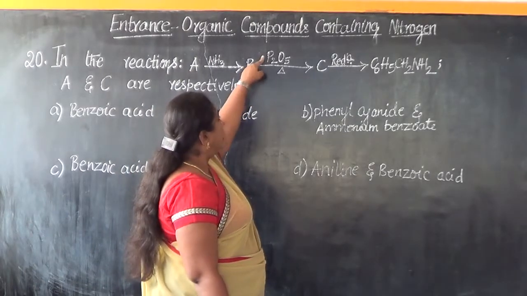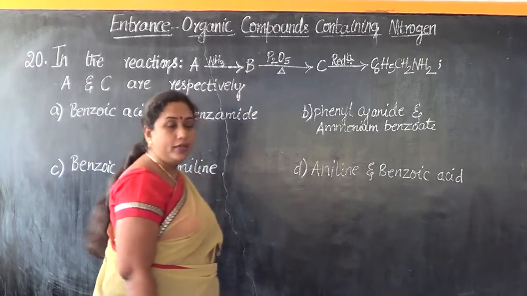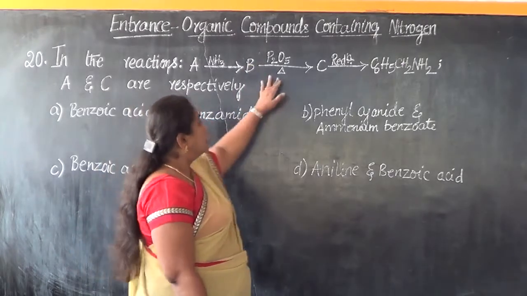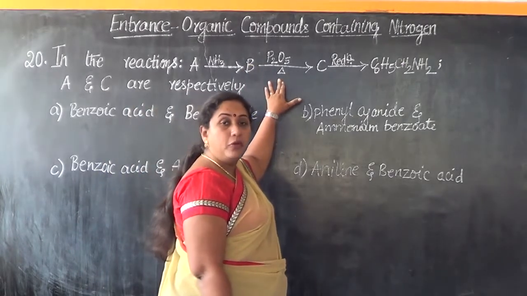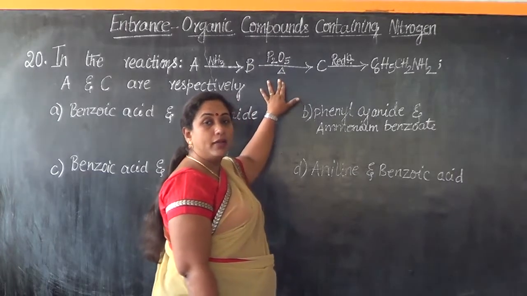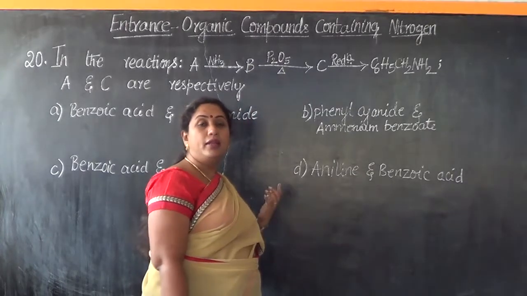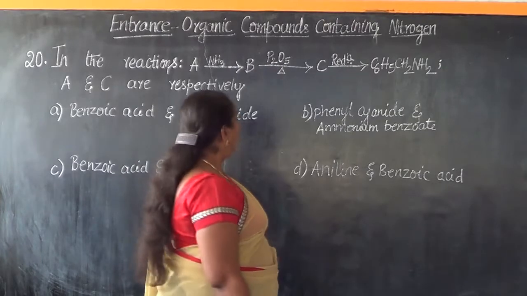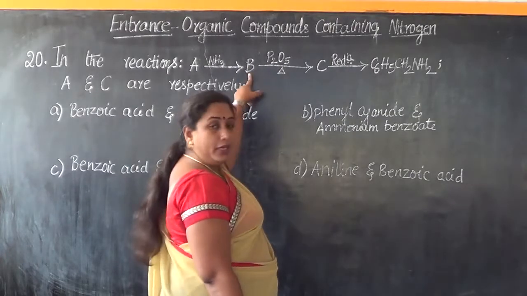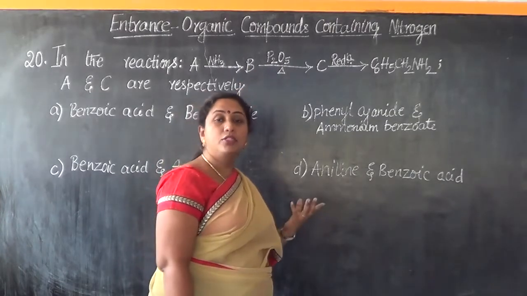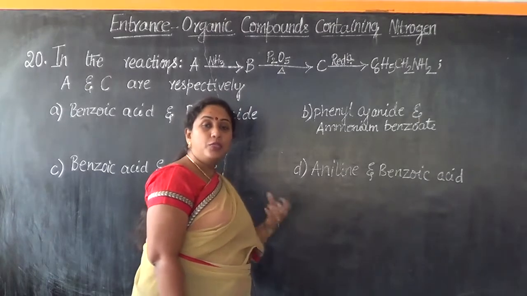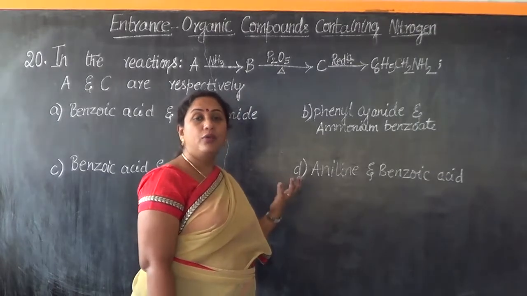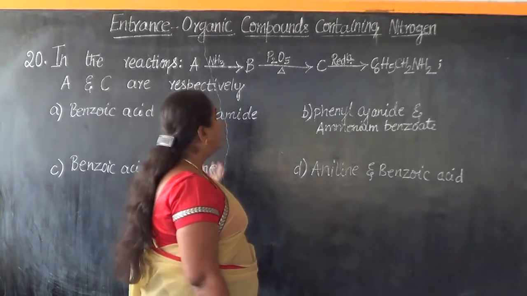This upon treatment with P2O5. Treatment here involves the process of heating. P2O5 is phosphorus pentoxide. As you know, it is a very good dehydrating agent. So that means in the option B, we should be getting some constituent from which we will be able to remove a molecule of water, that is H2O.